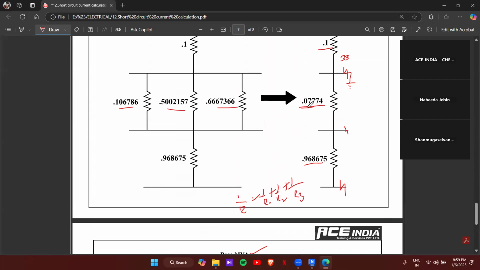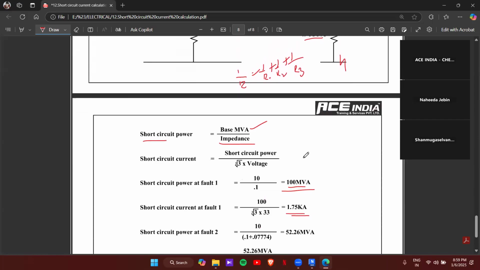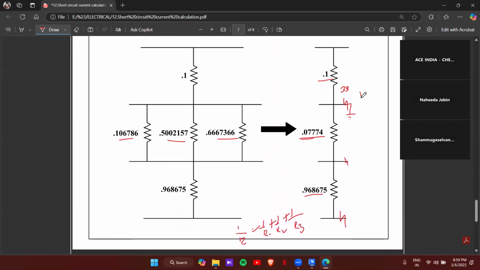But here in the short circuit calculation, the thing is coming to the same term. I'm assuming that first we have 1.75 kiloampere here. Okay, so I'm just assuming, what if the earthing fails here?